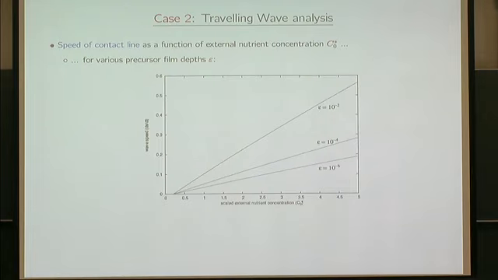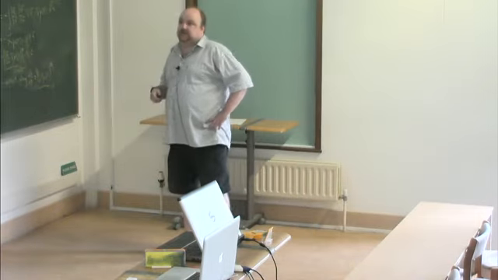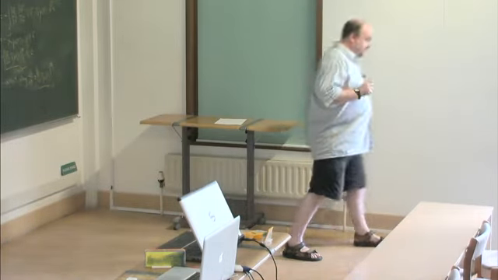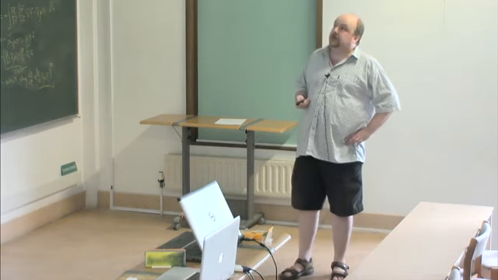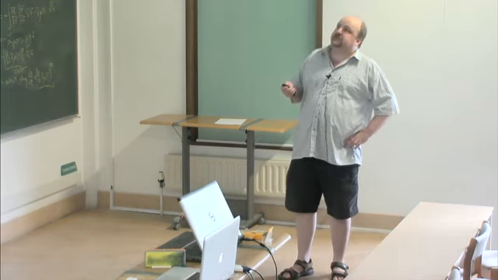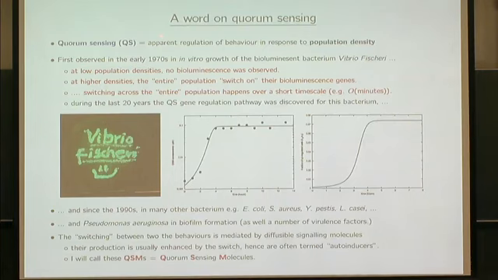Right, okay, so that's the numeric story. I'm going to have a brief word about quorum sensing, because that's what really motivated the whole process. So quorum sensing, what is it? Basically it's the apparent regulation of behavior in response to population density. And a really nice example is what started this off, when somebody was growing bacteria in what they call a batch culture, basically a flask, and it stays dark, and then all of a sudden it lights up.